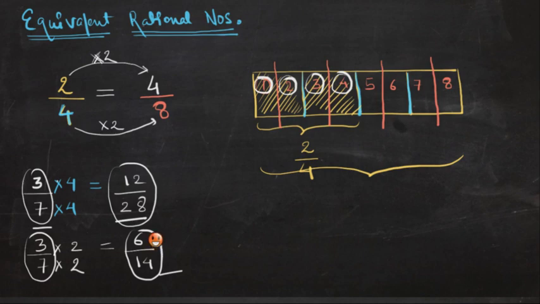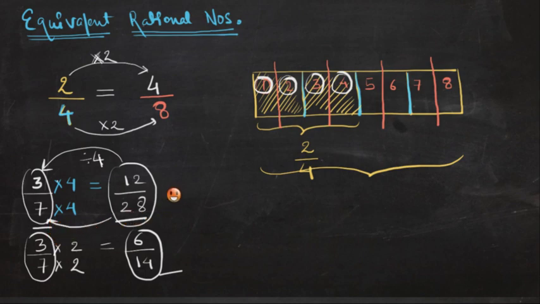Now another question, how can we go from 12 by 28 to 3 by 7? We multiplied 3 by 4 to reach 12. So this means if we want to reach 3 from 12, we have to divide 12 by 4. 12 divided by 4 gives me 3. And if I divide the denominator with the same value 4, I would reach 7.